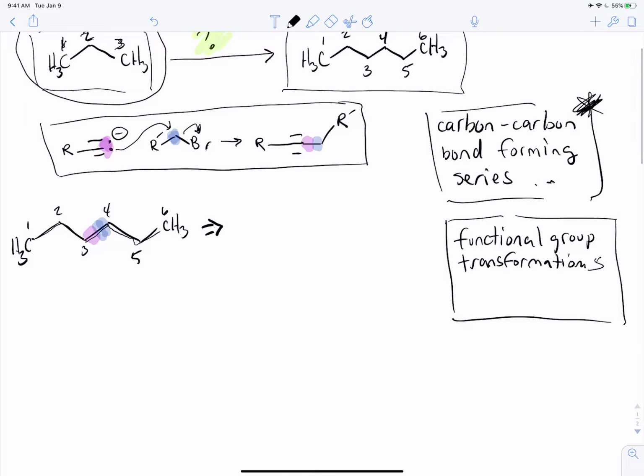What I'm saying is that this bond here must derive from, I'll even get rid of that, so it looks a little more similar. Okay, I'm saying that this started out as 2 of these little subunits that I started with.